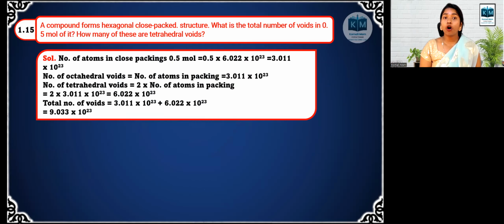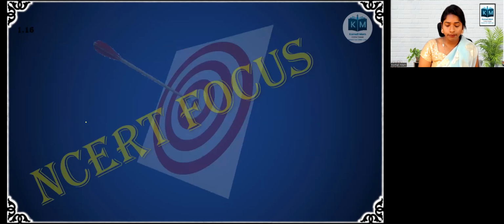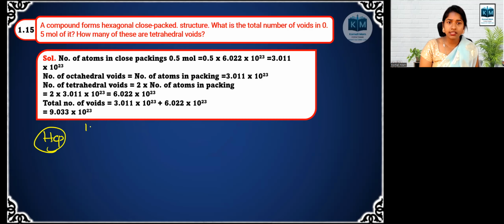Next, 1.15. A compound forms a hexagonal close packed structure, HCP. What is the total number of voids in 0.5 mole of it? How many tetrahedral voids are present? See, 1 mole of any substance contains 6.023 into 10 power of 23 atoms.